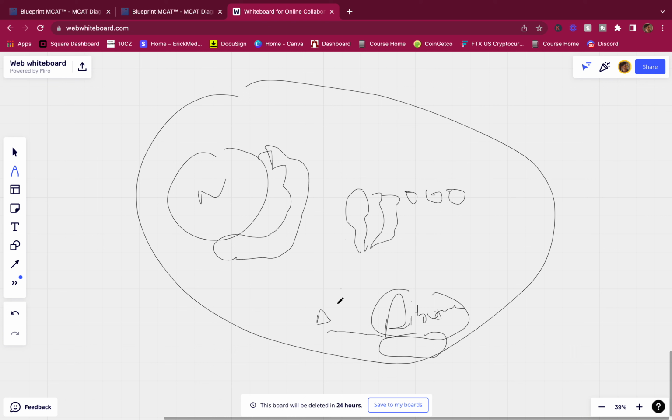Oh my bad, this is not cytosolic. This should be located on the endoplasmic reticulum. So forget this. Here's our ribosome studded on the endoplasmic reticulum.